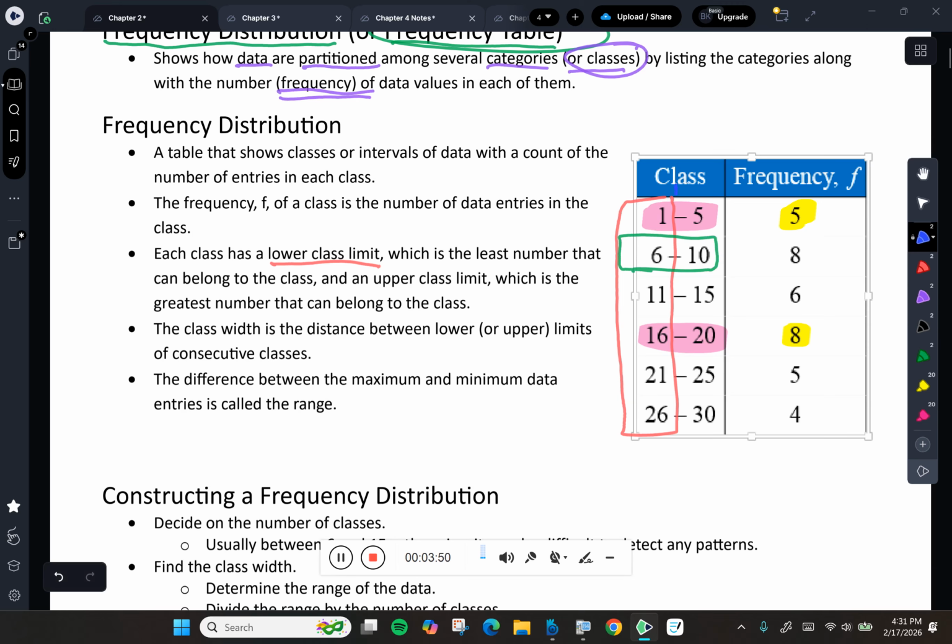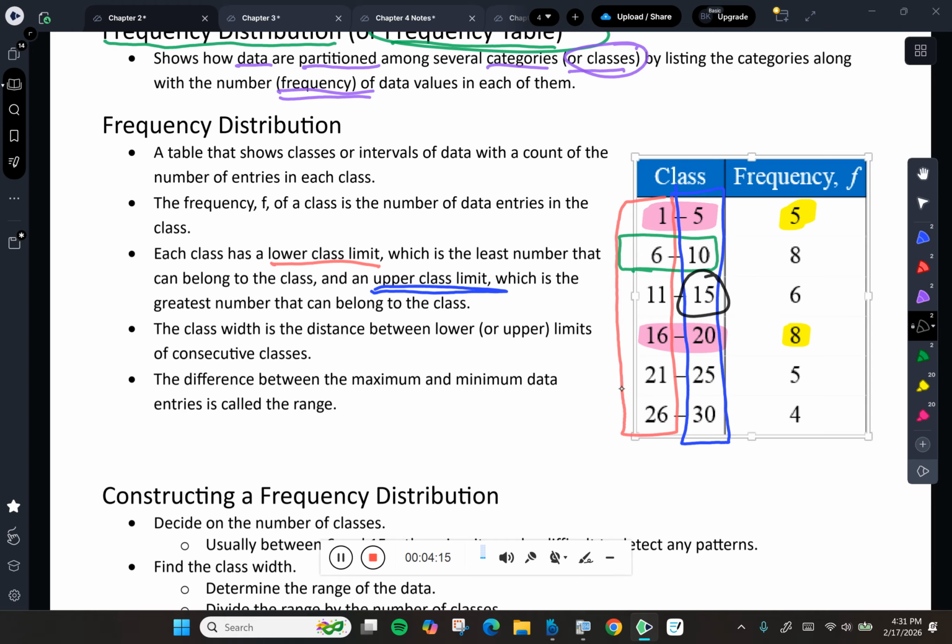Now, if those left numbers are called the lower class limits, those ones on the right that is boxed out in blue are the upper class limits. So if I wanted to talk about this number right here, I could say the upper class limit of the third class is 15.